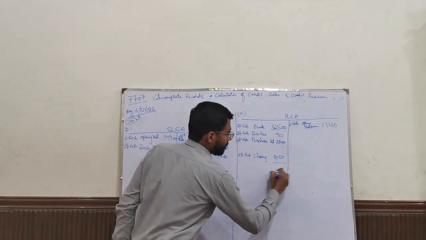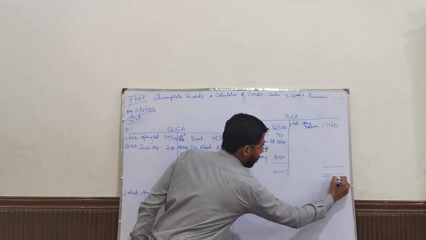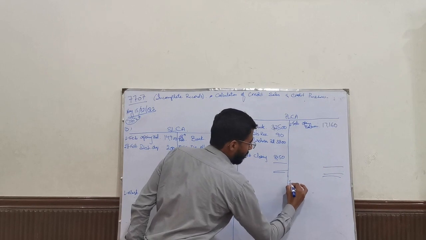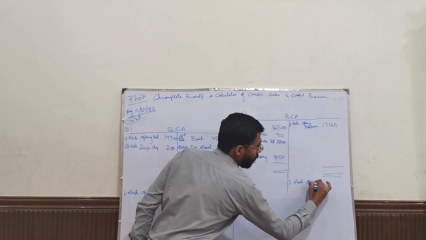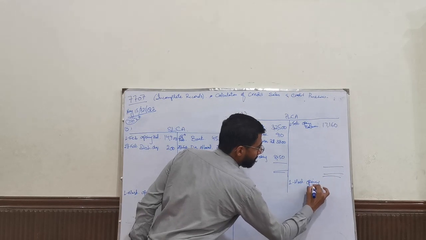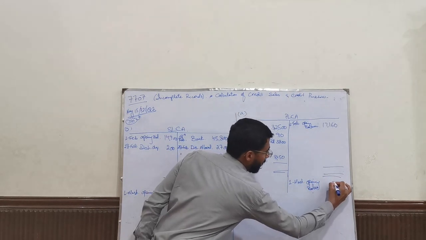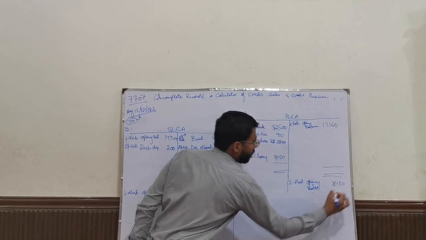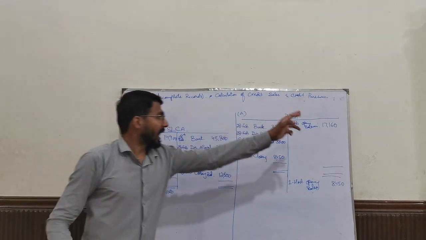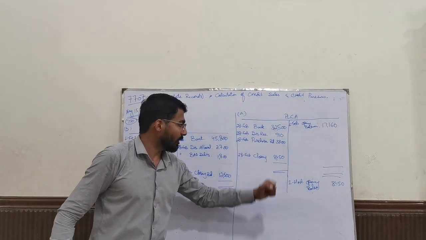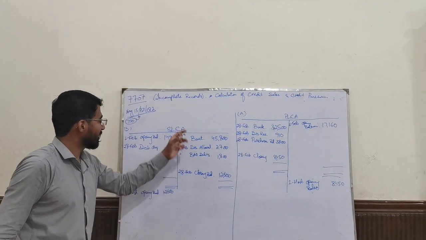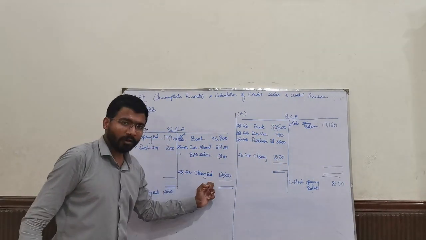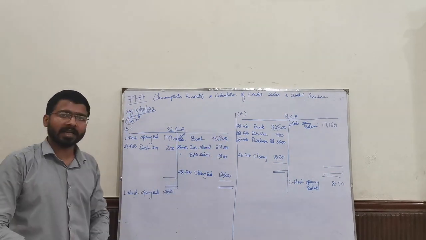Same goes over here. 1st of March, I am going to mention my opening balance is 8450. Now you see, I have opening balance, I have closing balance, I have all other data. Same goes with this.